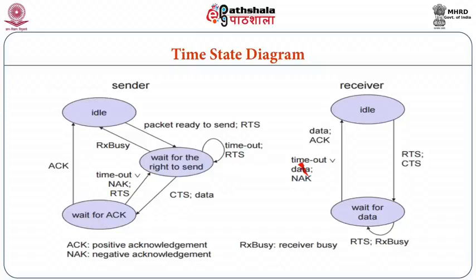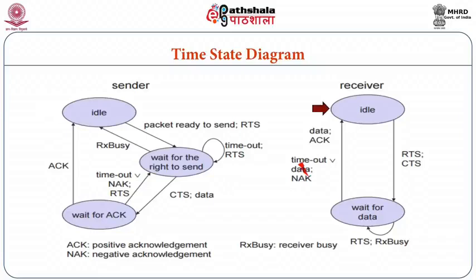Right? So the sender goes from wait for acknowledgement to wait for CTS state when a timeout or a negative acknowledgement has occurred and it needs to retransmit the data, so it sends the RTS. Now the sender will go from wait for acknowledgement state to the idle state when the acknowledgement has been received and the loop is concluded.